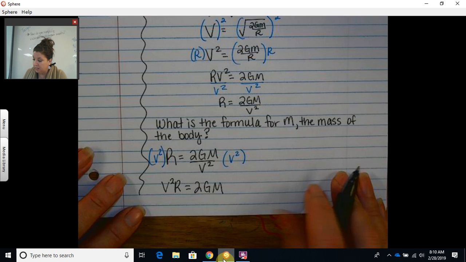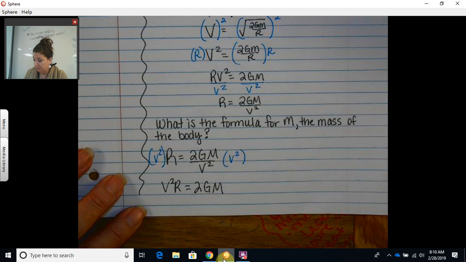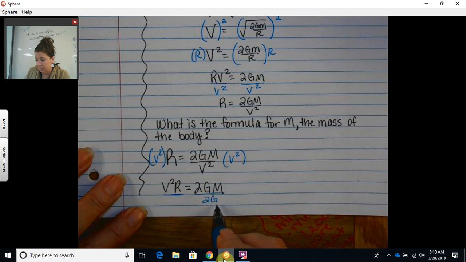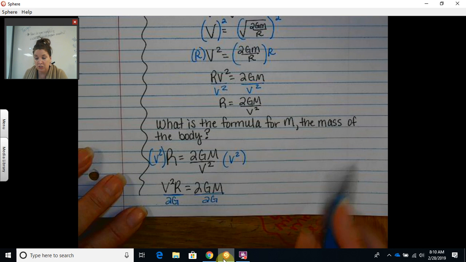Solving for m, what do I do? Divide by 2g. And these are just single terms, so I can do that. It's not a binomial, it's just a monomial. So on the right side, 2 divided by 2 is 1, g divided by g is 1, so 1 times m is just m.